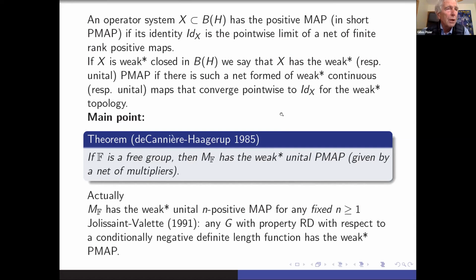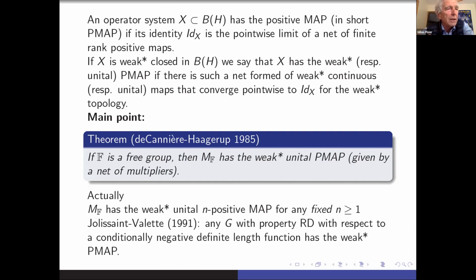The main point in all the assertions that I made on the free group is precisely in a paper by Haagerup and De Canniere, which is sort of a complement of the famous paper of Haagerup on the approximation property, the metric approximation property for the reduced C-star algebra of the free group. In this complement paper with De Canniere, they prove that the von Neumann algebra of any such free group has what I call the weak star unital positive metric approximation property.